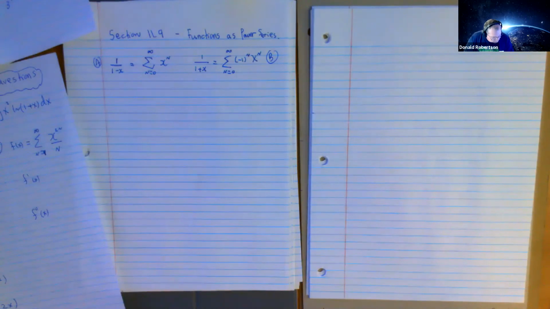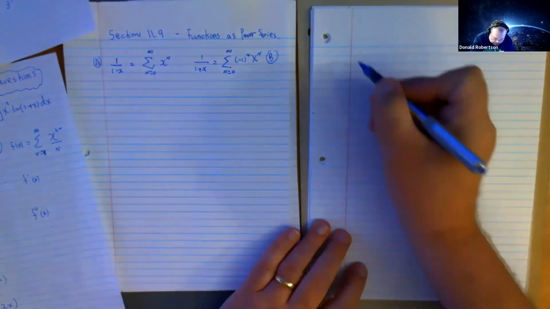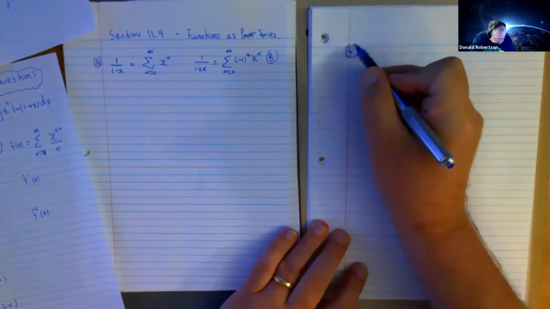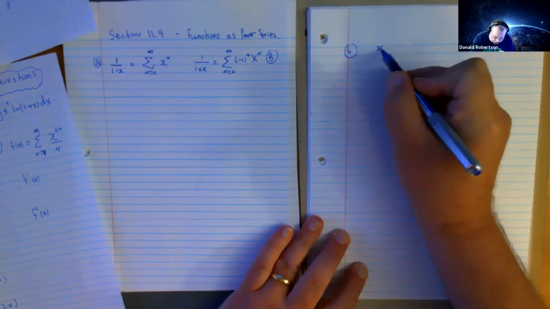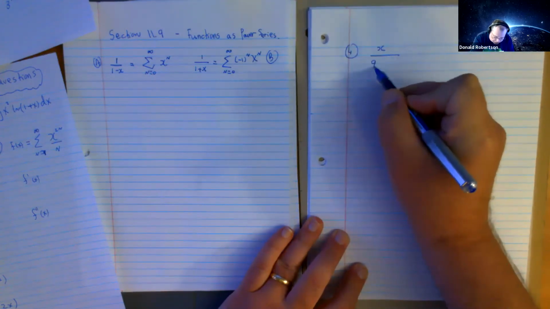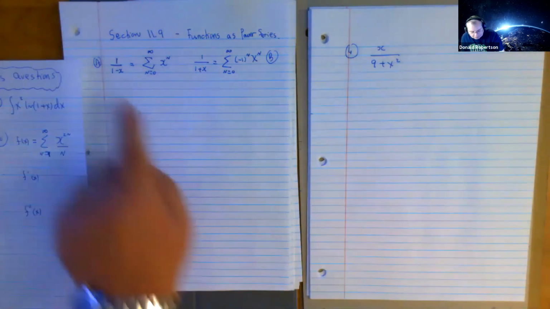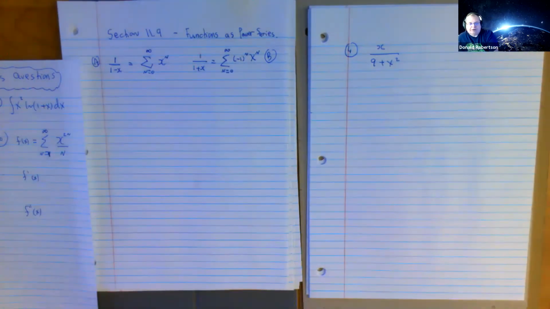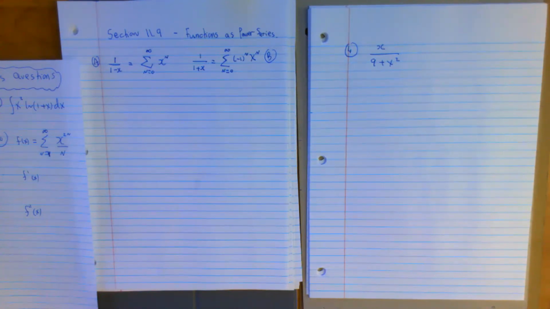Next one is this fella. A or B? Who do you think that one's? What family is he a member of? Is he in family A or is he in family B? Should be pretty easy to tell. B. Right.